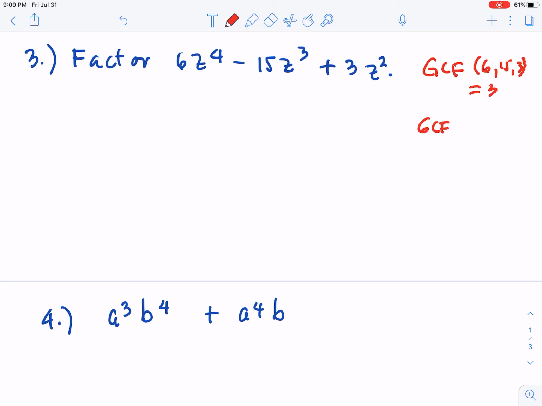Tapos yung GCF ng z to the 4th, z cubed, saka z squared, the GCF of z squared, z cubed, and z to the 4th is z squared. Okay. So, dapat lahat ng terms may z squared tsaka may 3.